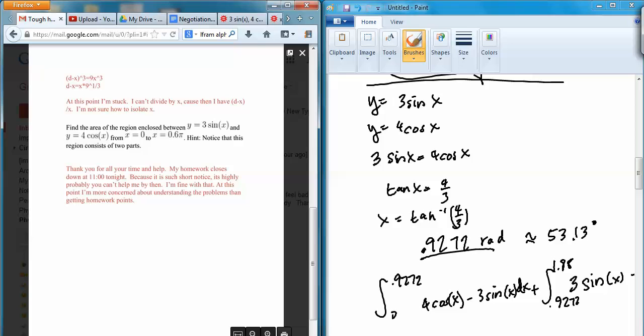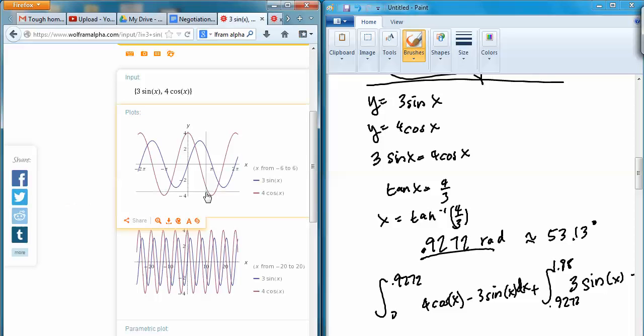But here's what some of my thoughts are on it. If I were to graph them, you can see right here that for a time the cosine, the red one, is above the sine. And then for this region over here, the sine part is above the cosine.